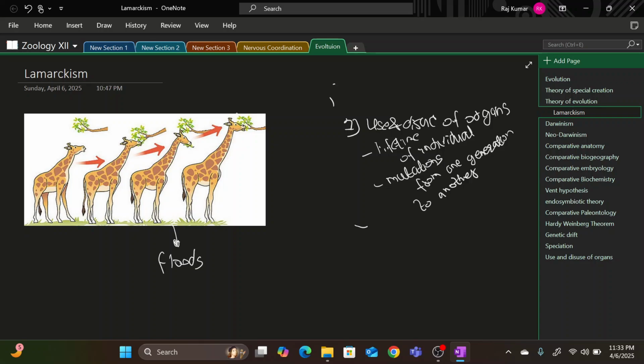Now, this is something which does not actually happen, because there was no experimental proof at that point, and genetically, somatic cells cannot inherit change, and that's something which needs to be considered, right?